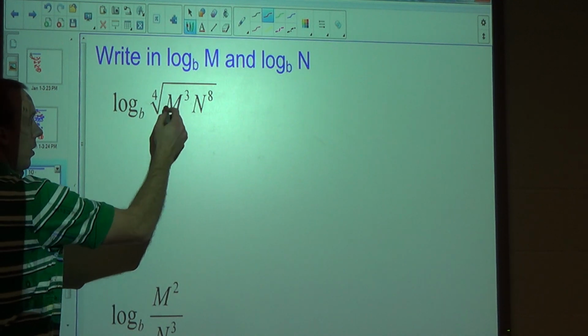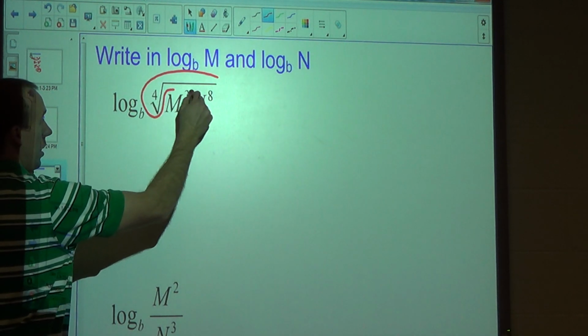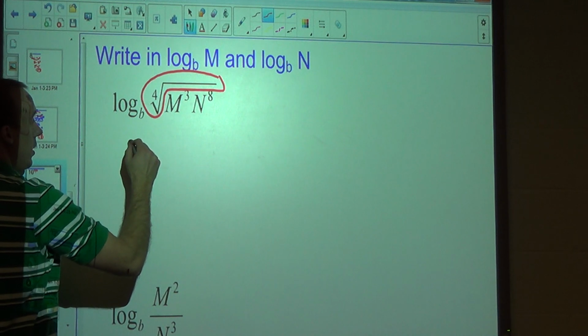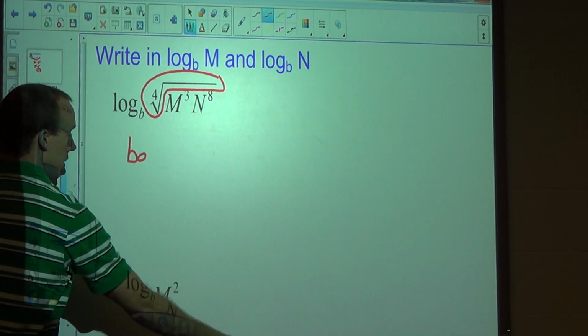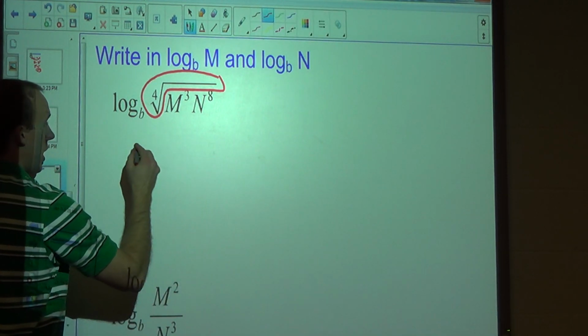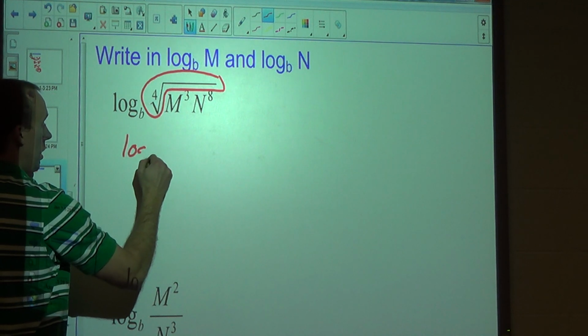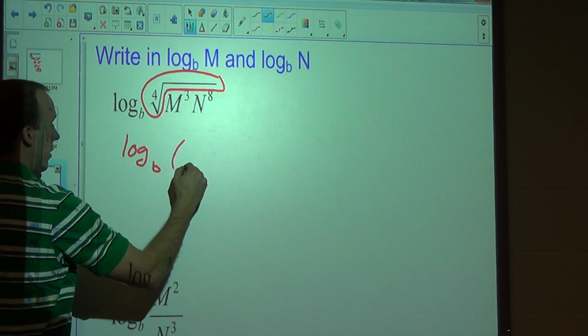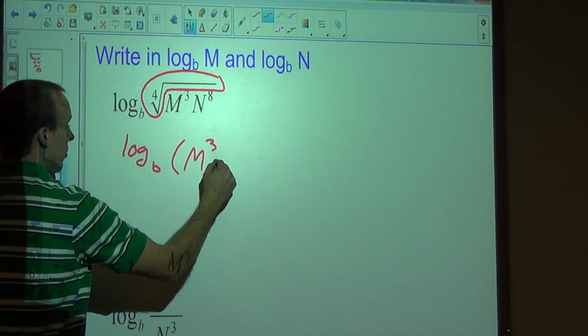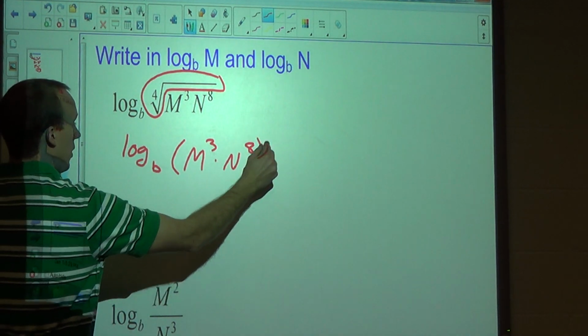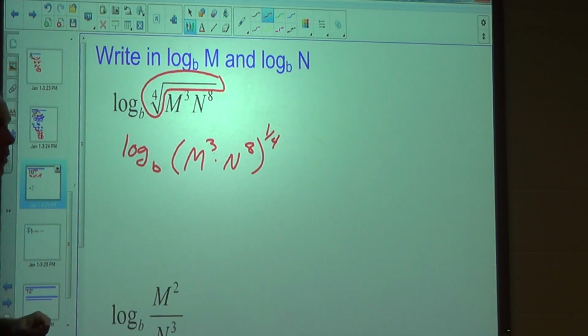Get rid of that fourth. Yep, let's change this guy right here. So what does that change into? 1/4. Yep, power over root, so it'd be log base b of m cubed times n to the 8th, to the 1/4.